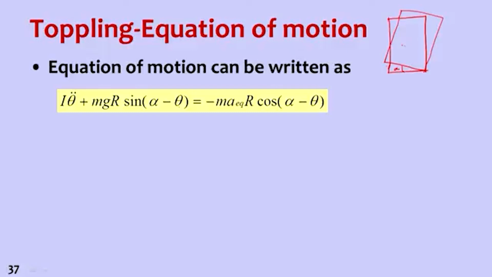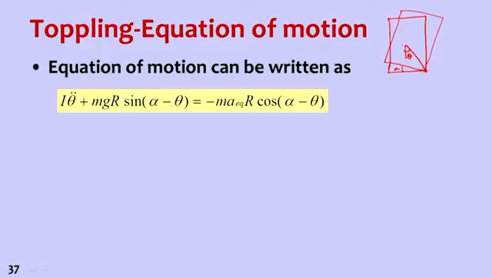This is alpha, and this is theta. So sine (alpha minus theta) is equal to the restoring term, that is m times the earthquake acceleration multiplied by r cos (alpha minus theta).